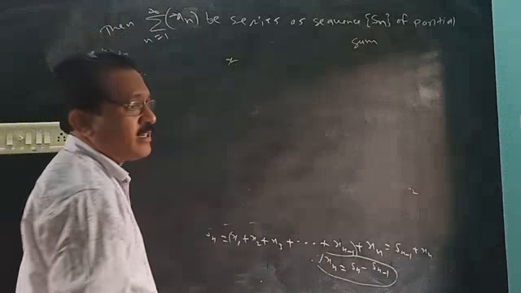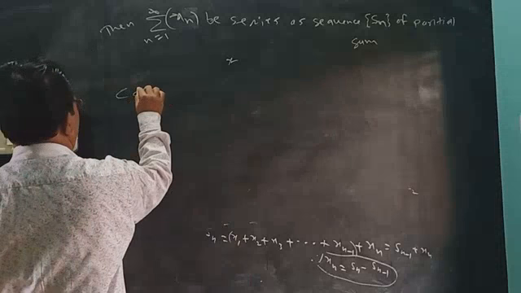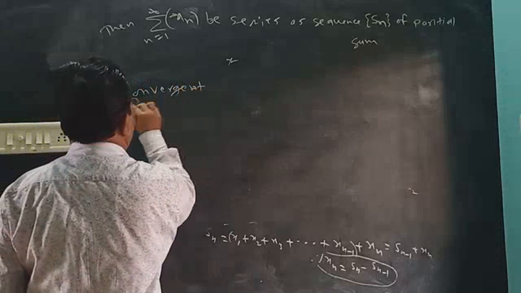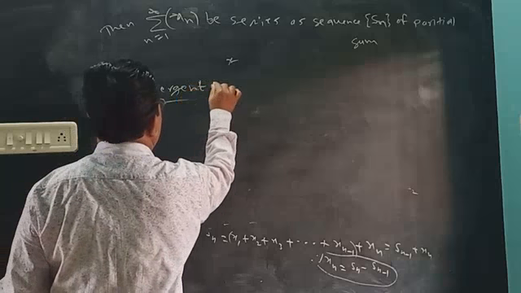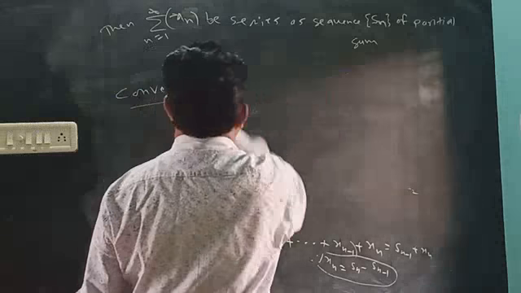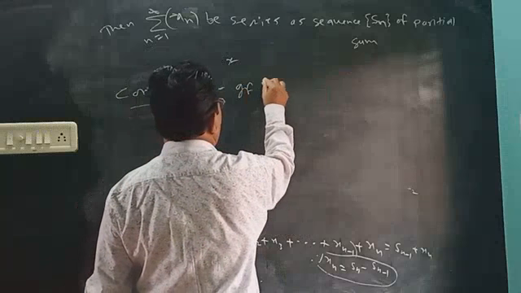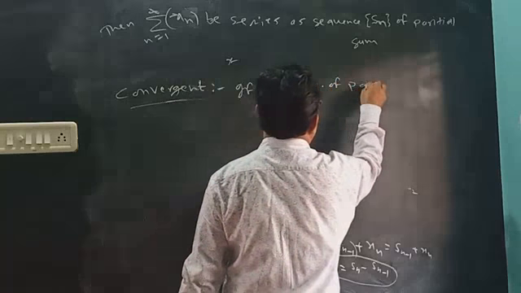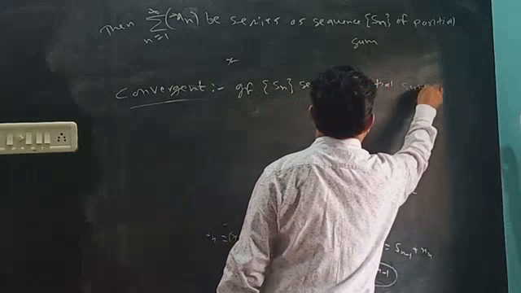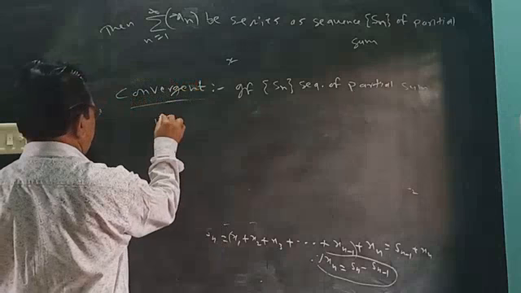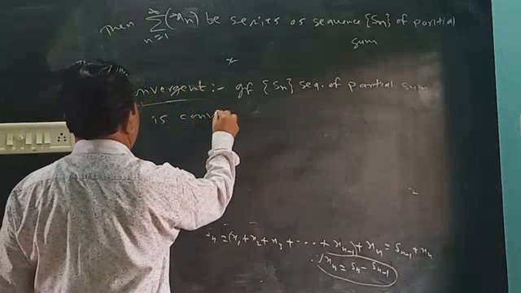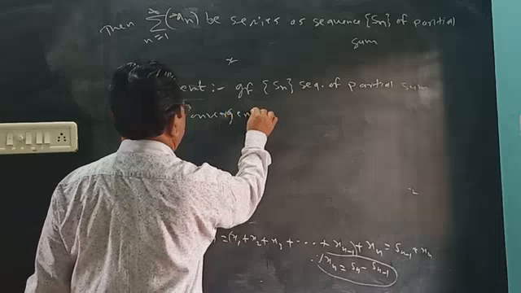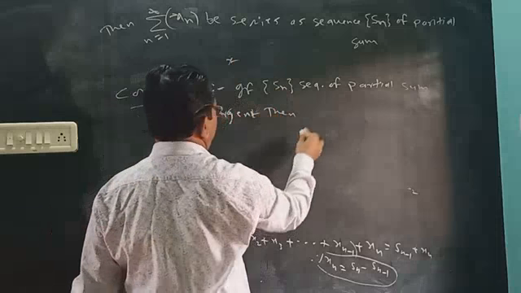Now about convergent and divergent. If this sequence Sn, the sequence of partial sums, is convergent, then the series, summation Xn, will be convergent.